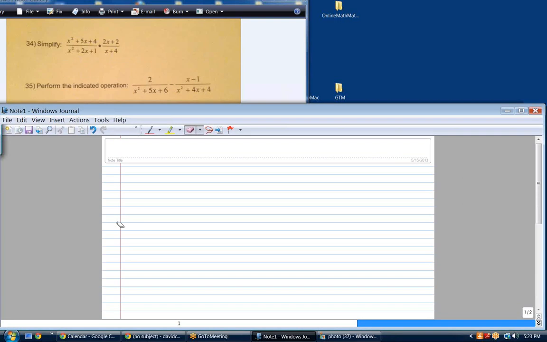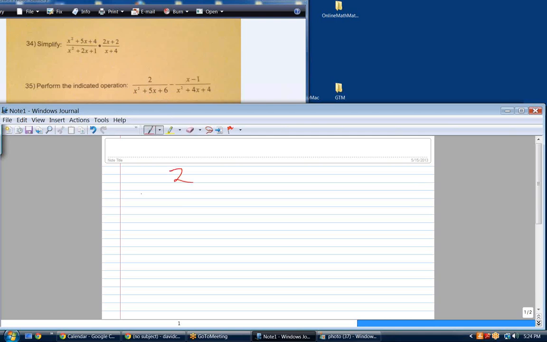35. Whenever you see quadratics, they probably need to be factored. In other words, we don't have to solve this by factoring the denominator, but it's probably going to be easiest.